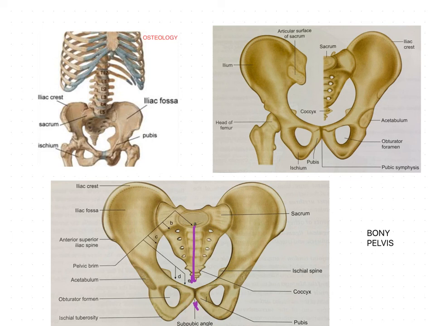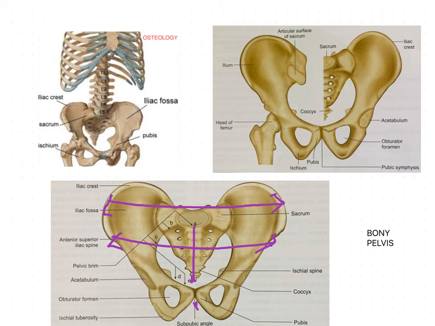Another diameter is the intercristal diameter, the greatest width between the iliac crests. And the interspinous diameter is the distance between the anterior superior iliac spines. The intercristal measurement is 250 millimeters, whereas the interspinous is 275 millimeters.